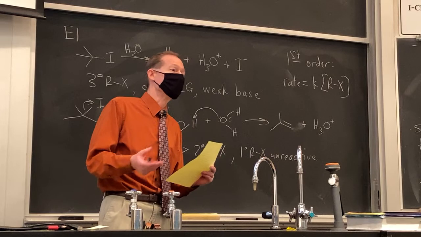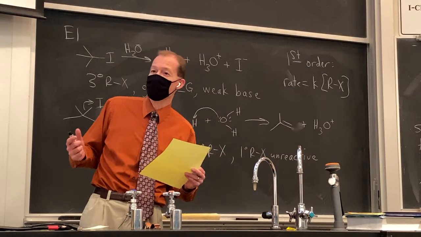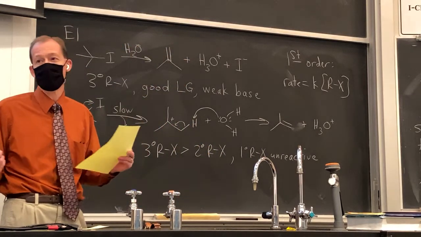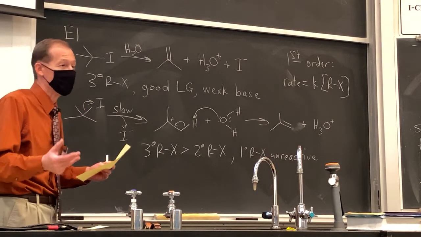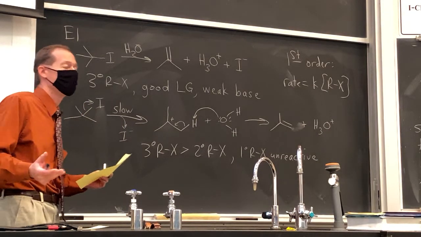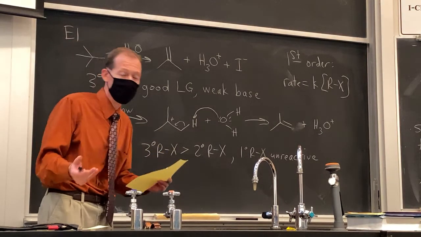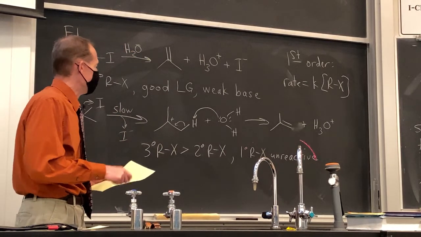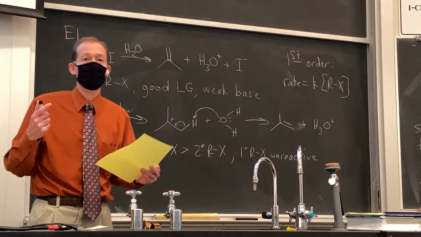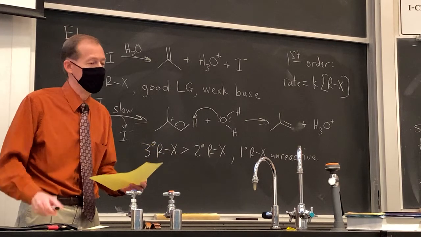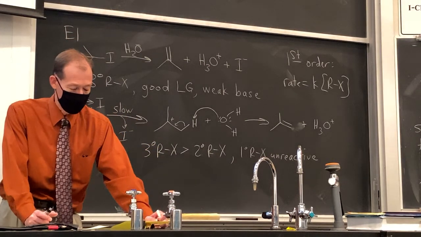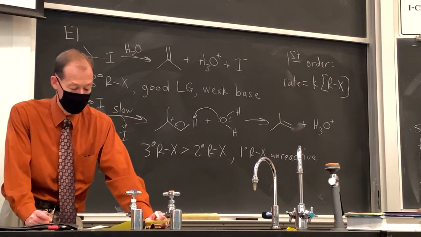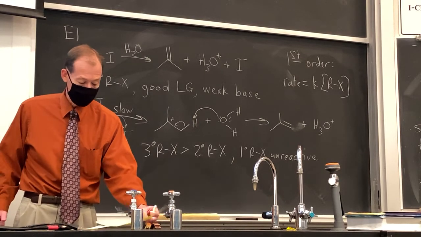In the E1 mechanism, we're saying that the additional alkyl groups are stabilizing the partial carbocation at the transition state. So different rate determining steps, slightly different explanations. And then also in the E1, we know that we won't have primary alkyl halides participate because that carbocation is too high in energy to form.